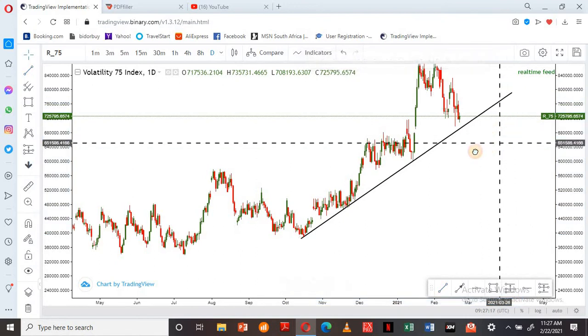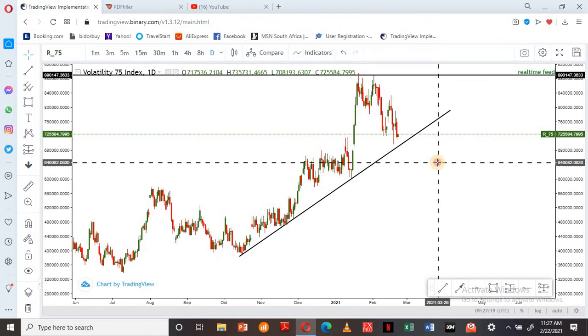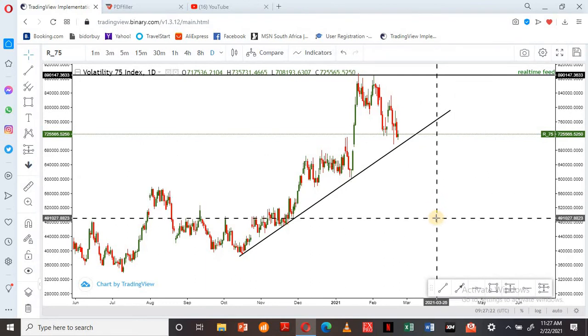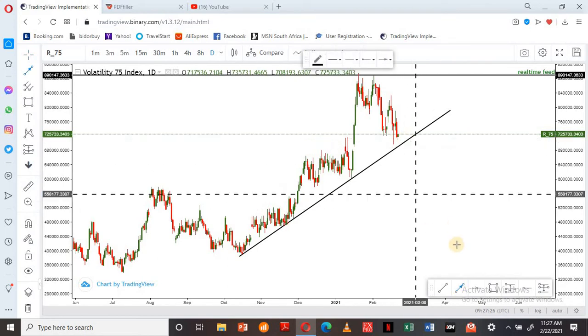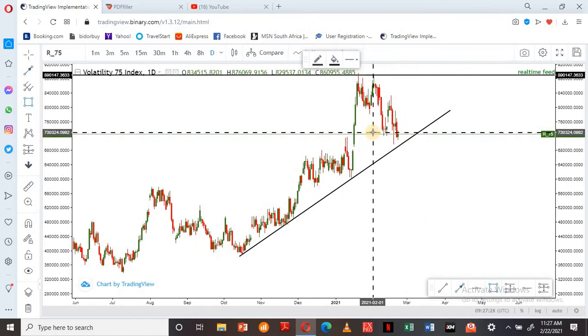Bam. Okay, that's our current trend line there. So we have a level of resistance and support here.